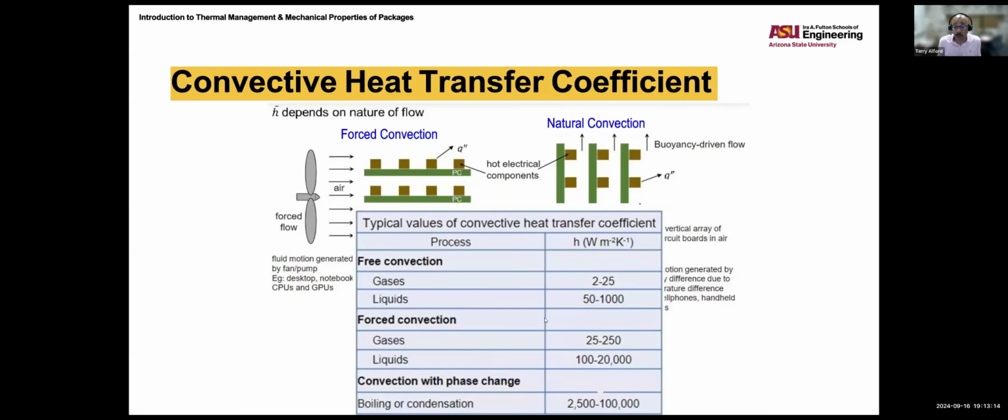That means with the cell phone, we have to design to keep the power dissipation very low. That's why you try to make your cell phones and laptops as energy efficient as possible.